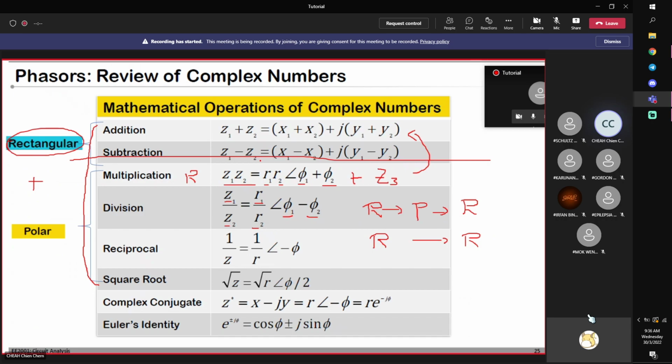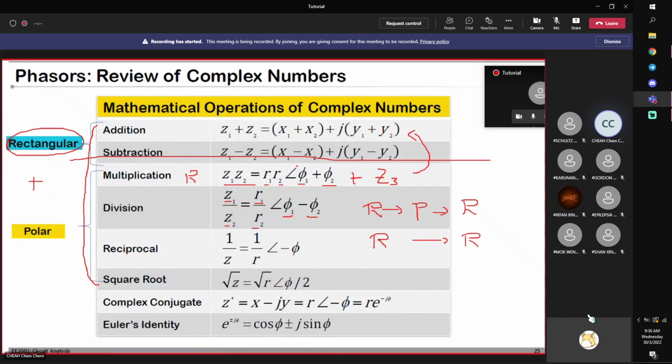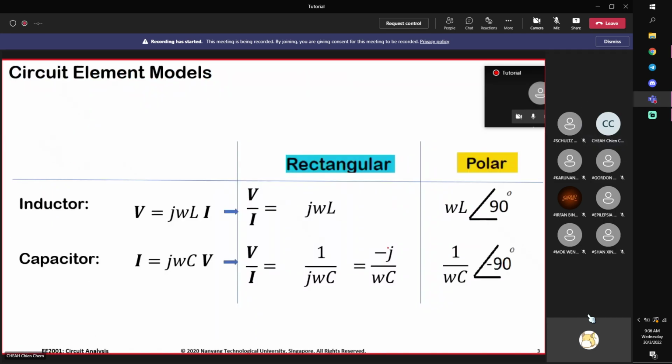So it depends on your final objective. Therefore, when you approach the problem, try to have an overview first, see far ahead, so as to know which is the better way. But if you have difficulty, never mind, just stick to this one, then you just keep converting when required.